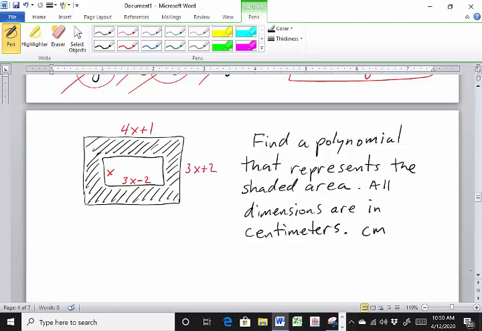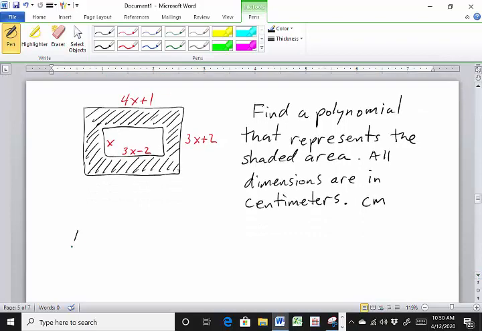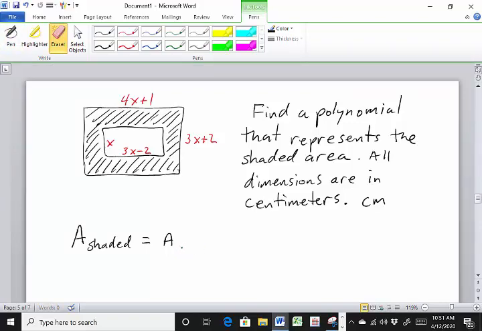All right, so this is pretty simple. The area of the shaded part, wouldn't that be considered the area of the total, or I should say the entire rectangle?